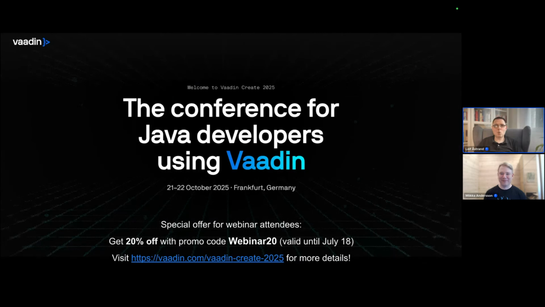Because that's one thing I have seen quite often when people start trying out signals. They run into these weird bugs that come from just applying non-reactive approaches to signal usage. And I mean, for better or for worse, there's some things you just need to learn to stop doing when you start using signals. So that's the topic of the signal presentation at Vaadin Create.